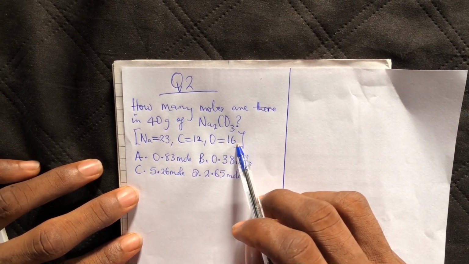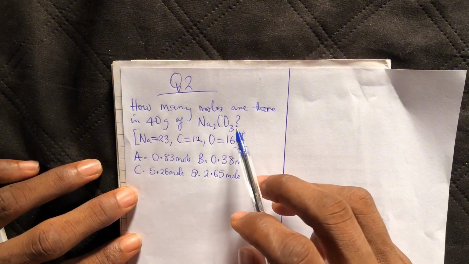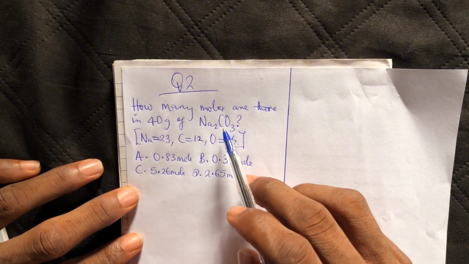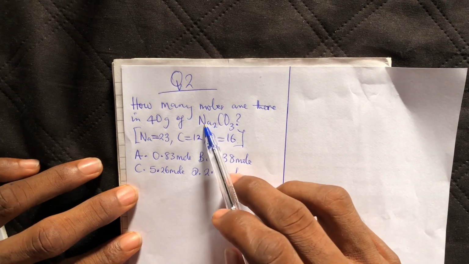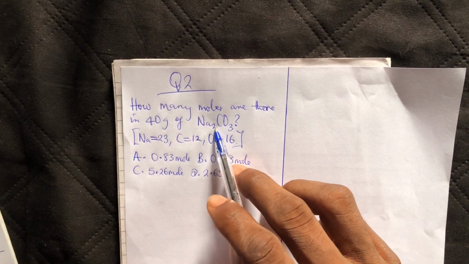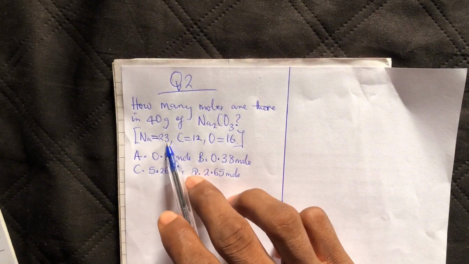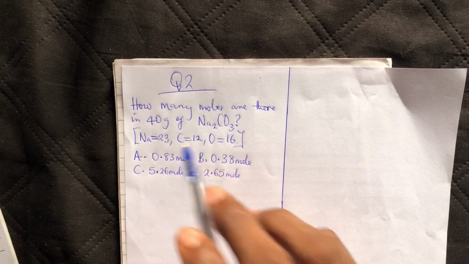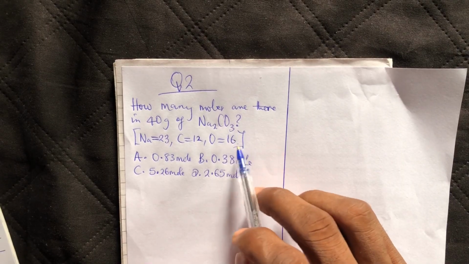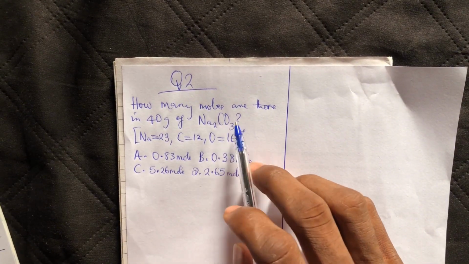All right. Now, if you observe closely, you're going to see some numbers quite different from the question 1 that we solved. Sodium has 2. So, this 2 is going to change the value of 23 to what? We are going to know as we move on. This 3 is also going to change the value of 16 to something.